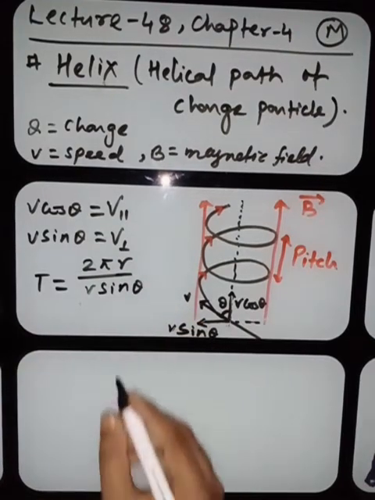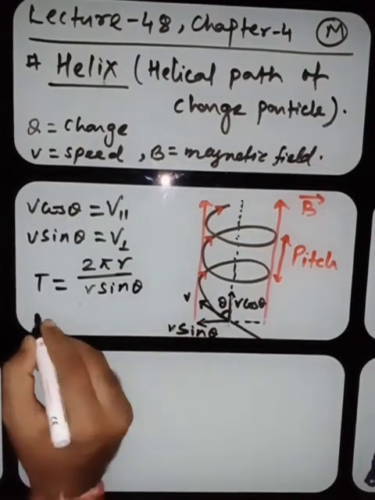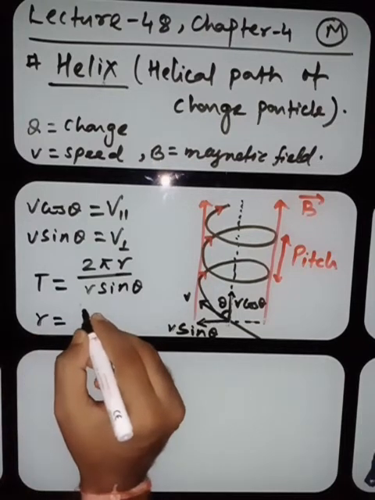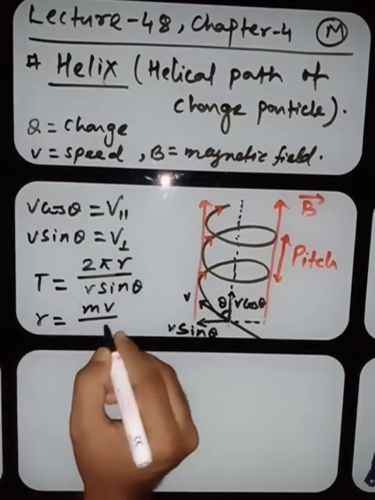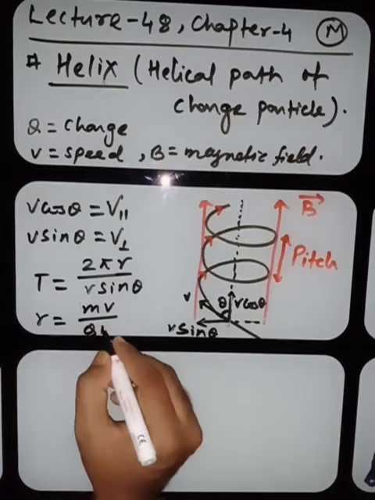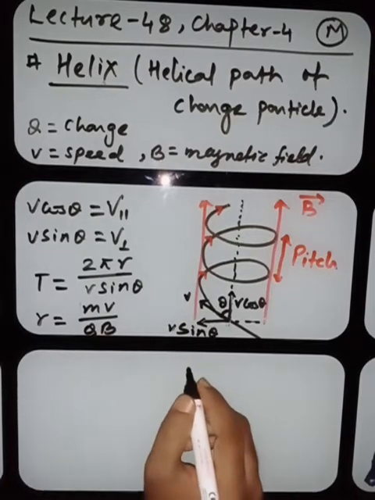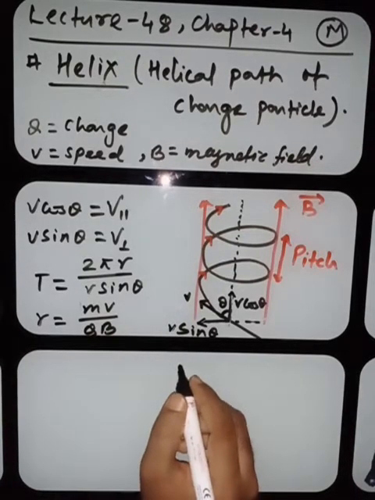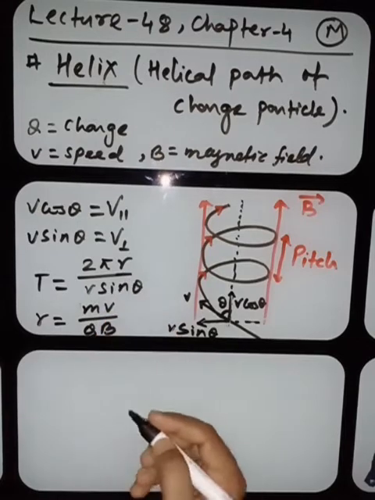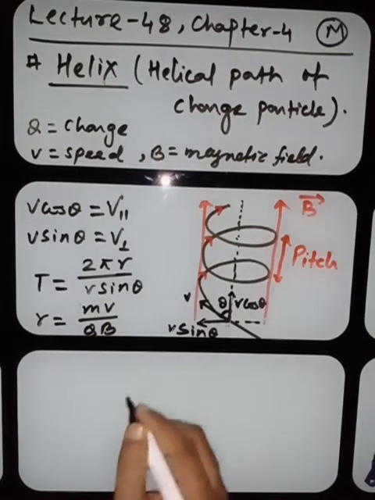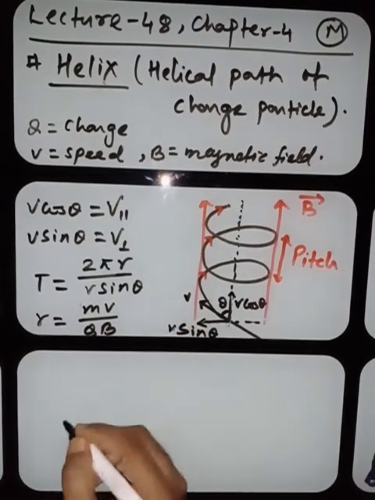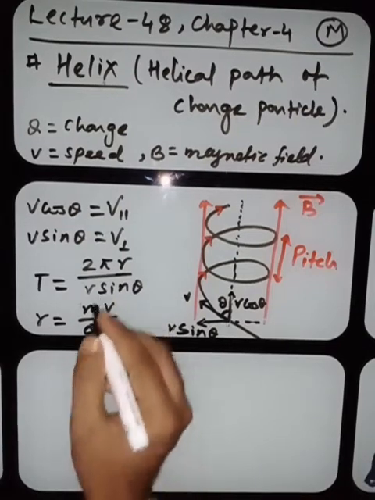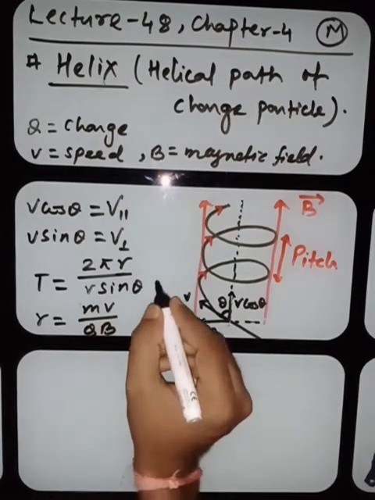Remember, students, you can put in the value of r, which we have already studied: it is mv by qB. We studied this in motion of charge, so you can put in the value of r also. I am not making this lengthy, I am writing it directly. So this is the time.